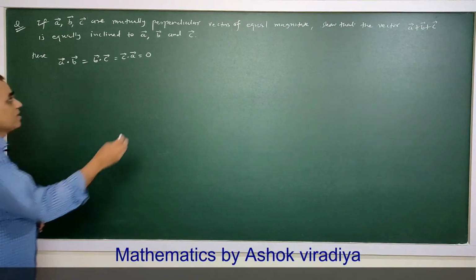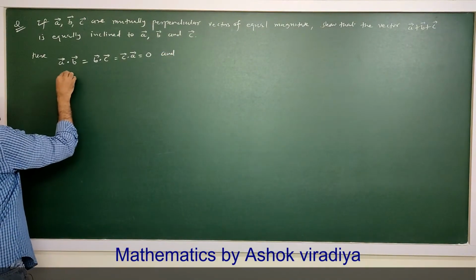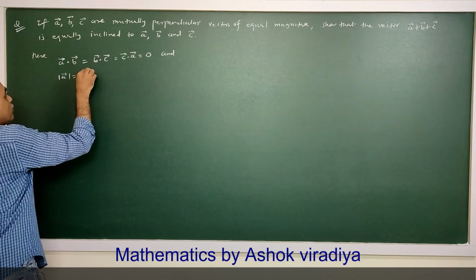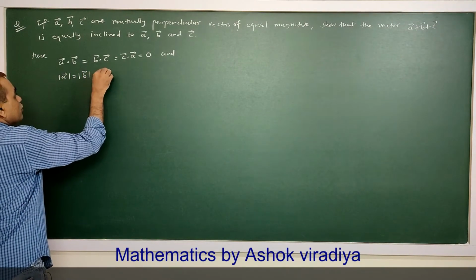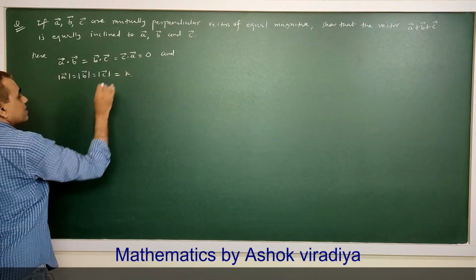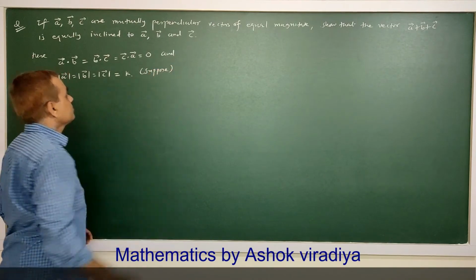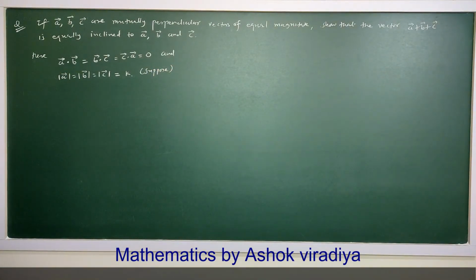Equal magnitude means magnitude of A equals magnitude of B equals magnitude of C. Suppose that it is K. We suppose each one has magnitude equal to K.